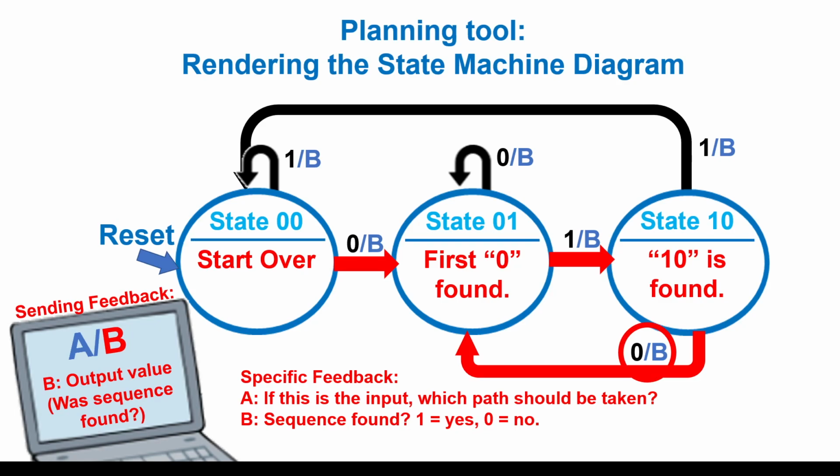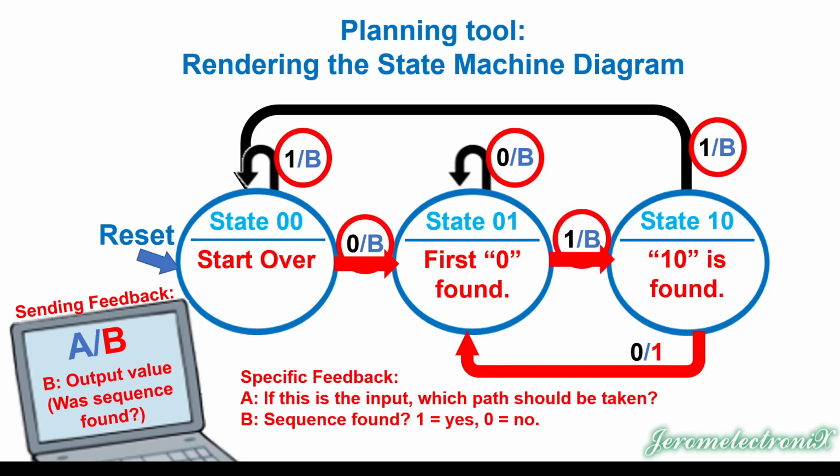And so B is the only place that we're going to report that we found the sequence, right? So B is a 1. Now, since that's the only place where we found the full sequence, all of the other B's are going to be zeros, meaning we did not find the sequence.